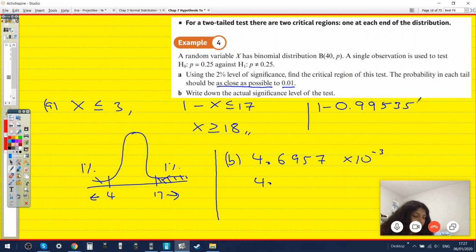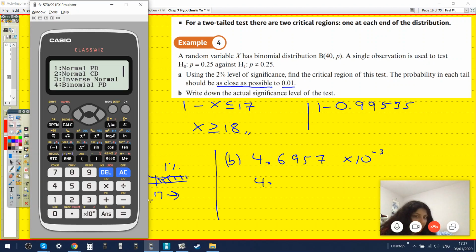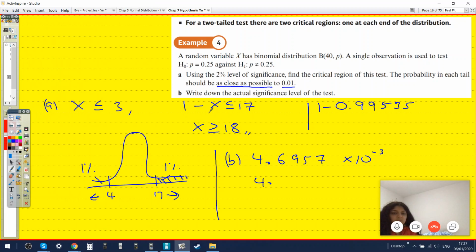I only did 1 minus 0.9953. I didn't do more decimal places than that, but I probably could. It's probably because it's symmetrical. That's probably what's going on. It's not exactly. Oh, what did I do? Oh, I'm crazy. What did I do?